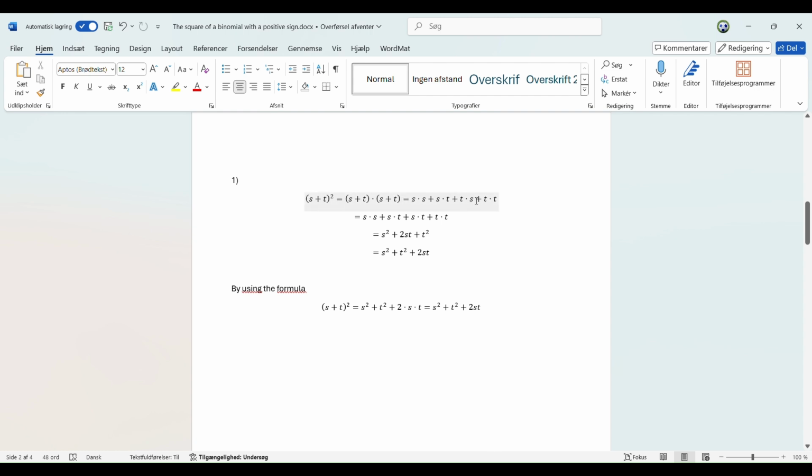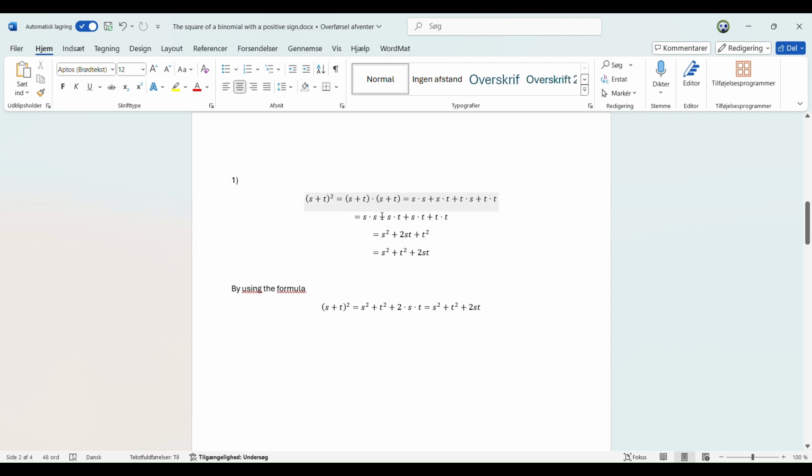Once again, t times s is the same as s times t, because the order of multiplying doesn't matter, like 2 times 3 is the same as 3 times 2, or 4 times 8 is the same as 8 times 4, and so on. So we just rearrange these two factors once again.